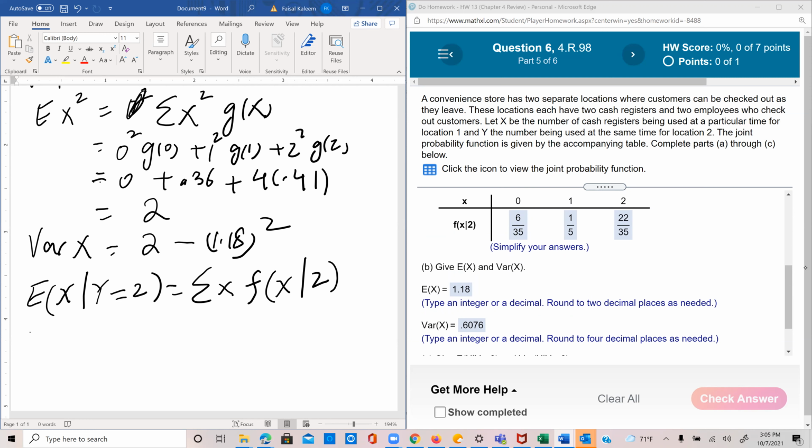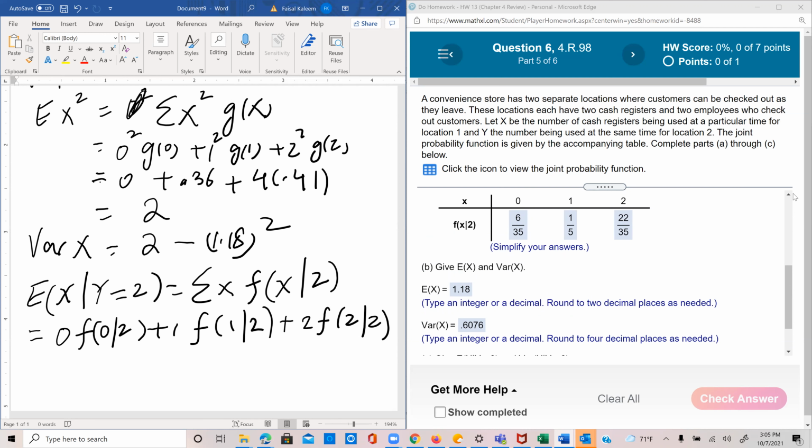Okay. So the x values are 0, and f of 0 given 2, plus 1 times f of 1 given 2, plus 2 times f of 2 given 2.